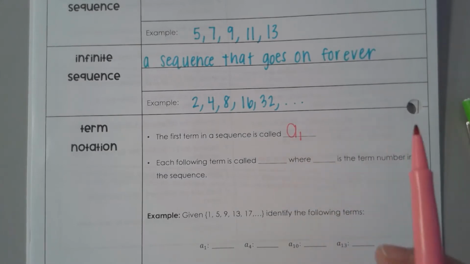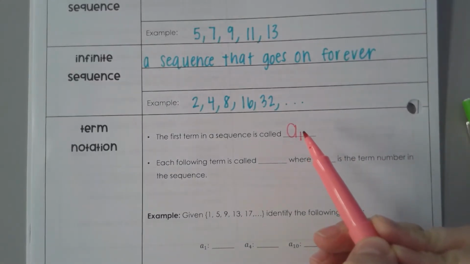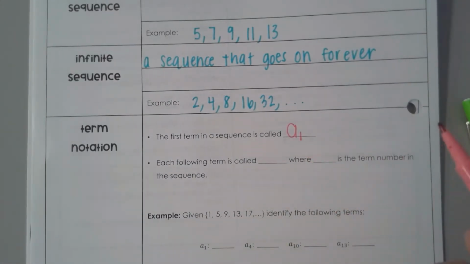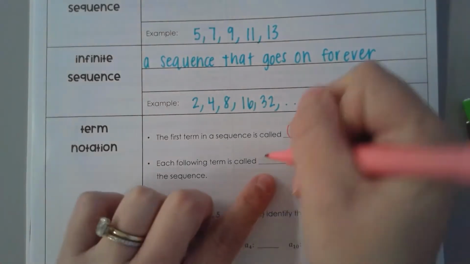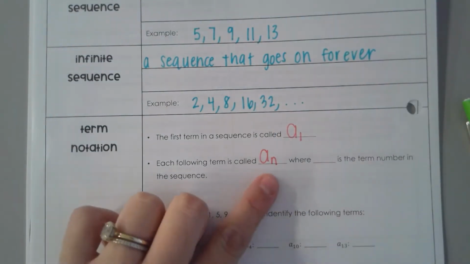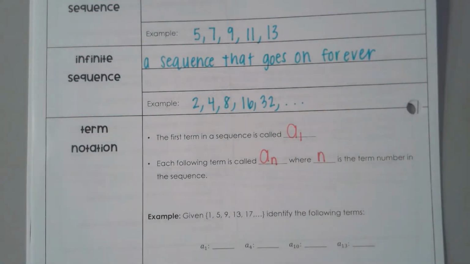If I had A with a little 2, I would say A sub 2, because the 2 is a subscript. So this is A sub 1, or A1, term 1. A10 would be the 10th number in my sequence. Now, in general, we use AN, where N is the term number in the sequence. Sometimes we'll say it will just be general, AN. I'm just talking about one of the terms.